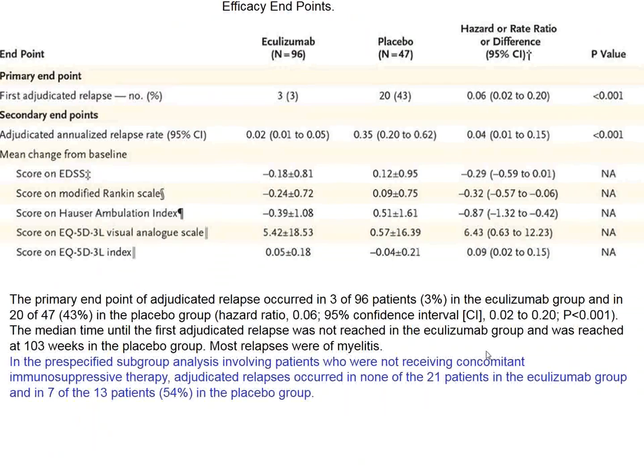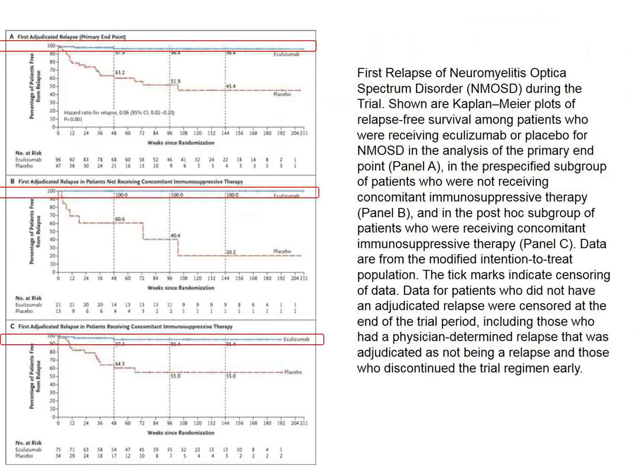And these patients can be scored with modified Rankin scales that we're familiar with from examining stroke patients, etc. And what we see here is, I think, quite remarkable. In the eculizumab group, only 3% of the patients had relapse. And in the placebo group, over half the patients had relapse.